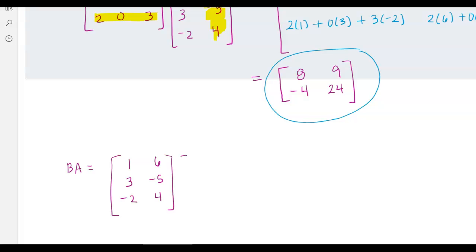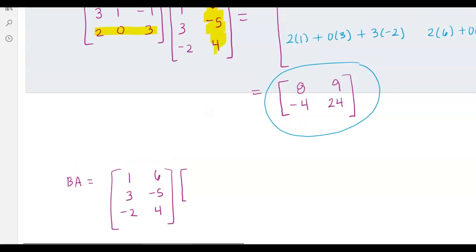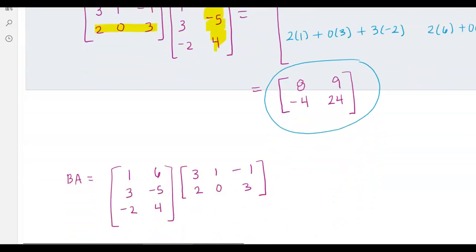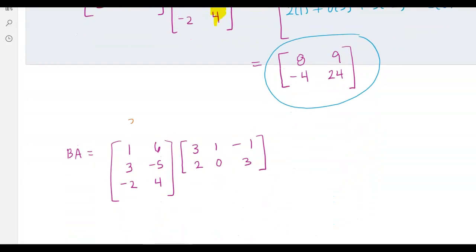And then matrix A, 3, 1, -1, 2, 0, 3. Okay. This is a 3 by 2 matrix. This is a 2 by 3 matrix. These both match, and the result is going to be a 3 by 3 matrix. Okay.